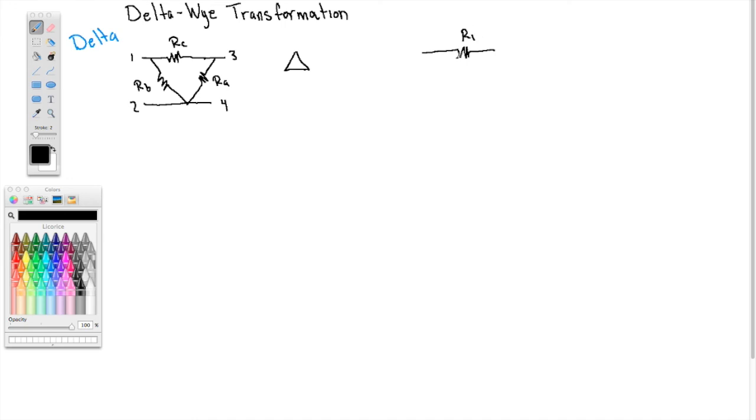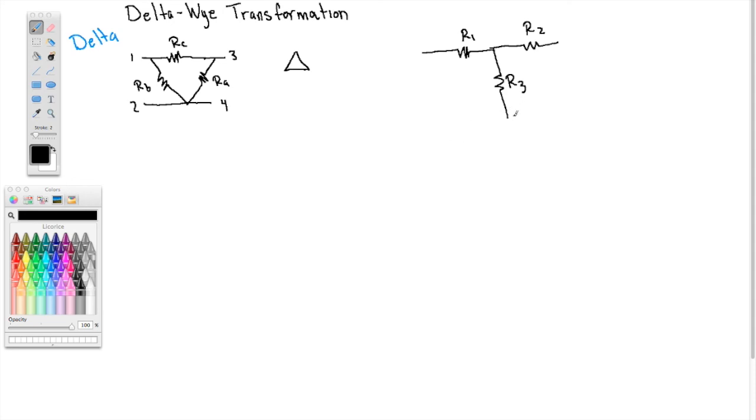Call this R1. Yeah, your book uses R1 there, and R3 here, and R2 here.